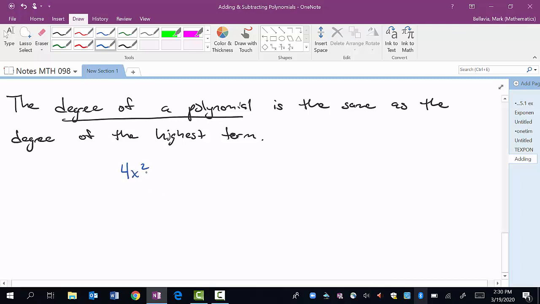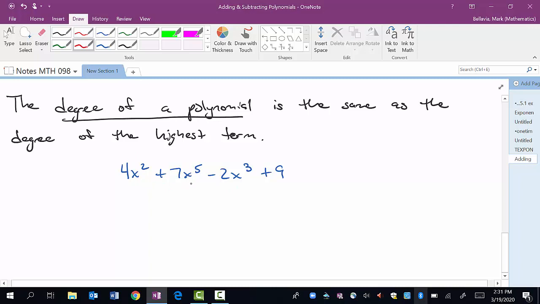So for the first example, if I said 4x squared plus 7x to the fifth minus 2x to the third plus 9, and I'm trying to find the degree here, I'm looking at each term individually. So the degree of this first term, remember terms are separated by addition or subtraction, the degree of the first term is 2.